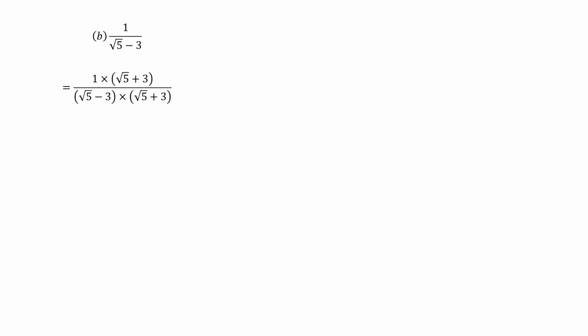So which is that? In the numerator, 1 times anything is that anything, so we shall have root 5 plus 3. In the denominator, we are going to go back to the expansion and expand step by step.